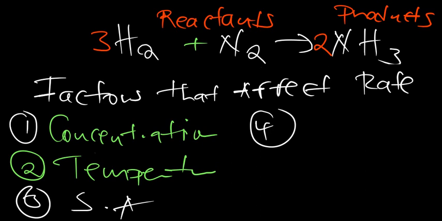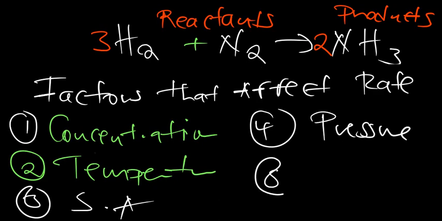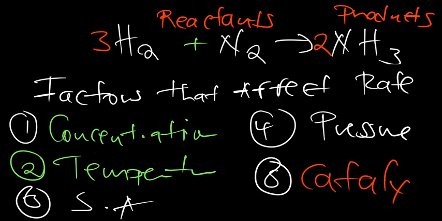And surface area and size of molecules are the same. Then we can also talk about pressure in terms of gaseous reactants. What else can we talk about? I think these four are enough, but of course, use of a catalyst as well can affect the rate of the reaction. So we'll limit our answers to the five.